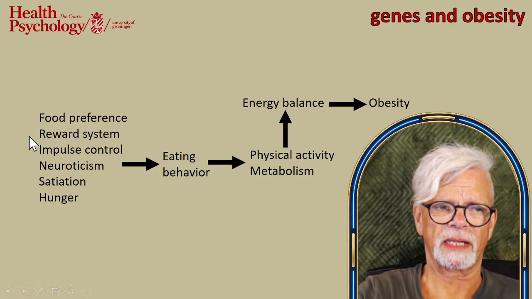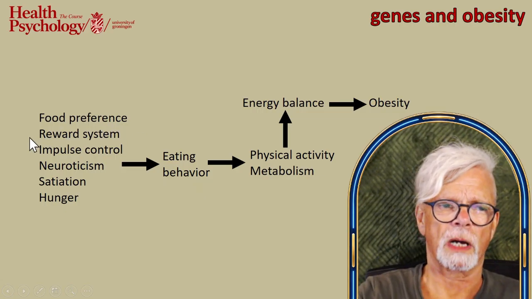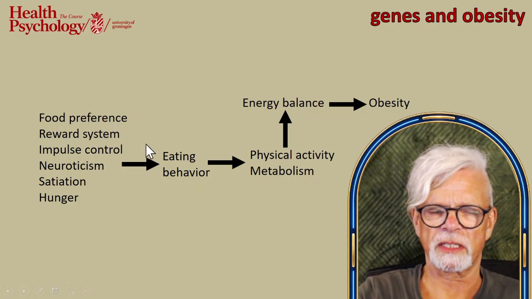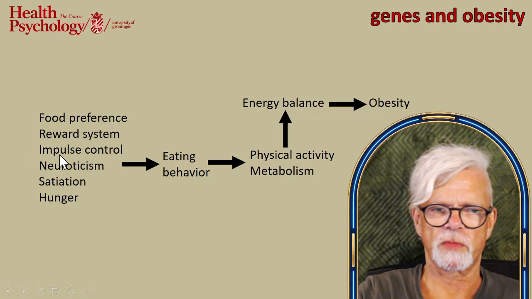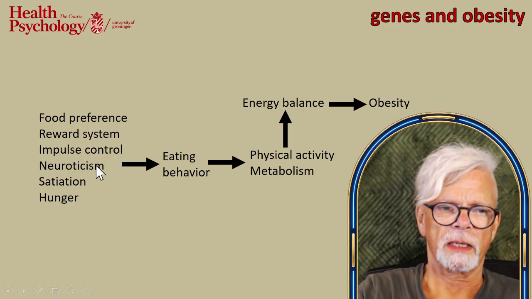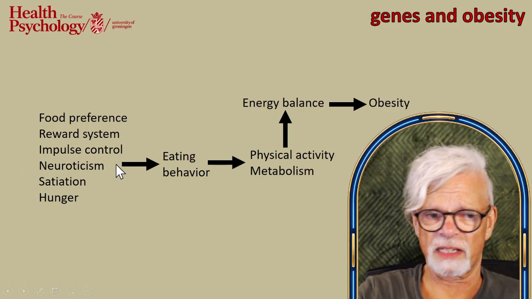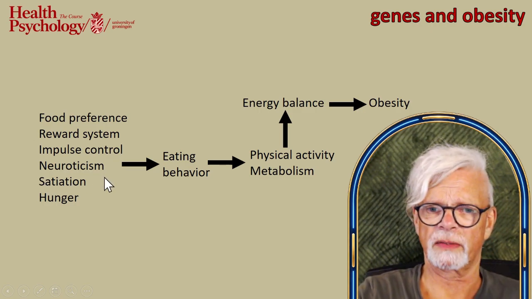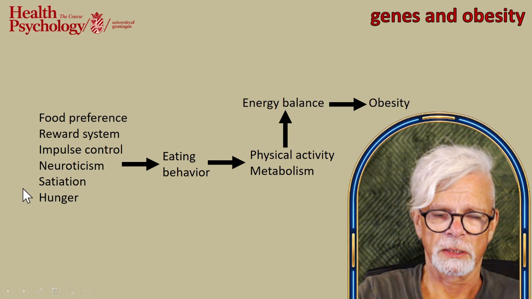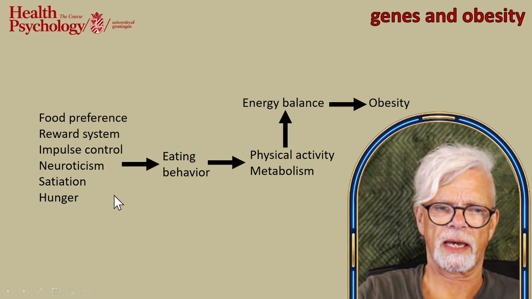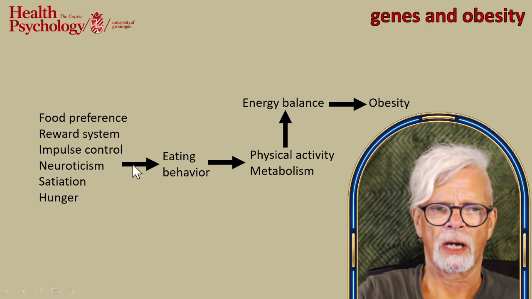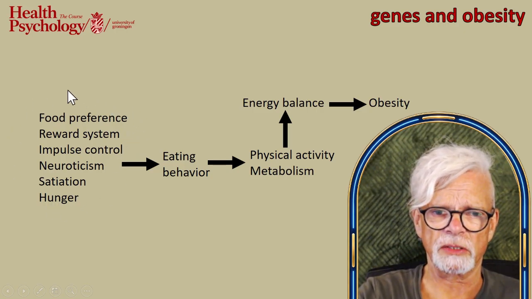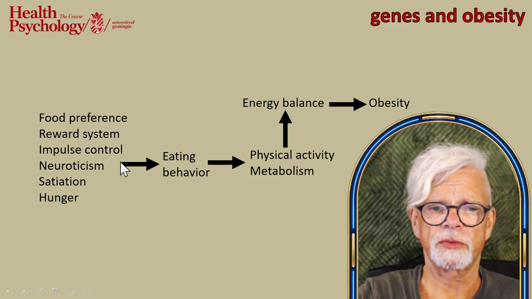People differ genetically in their reward system, how it works, how sensitive it is. People clearly differ in the genetics of impulse control, in neuroticism, so the negative emotions they have, in the satiation feeling when they have been eating, in the hunger feelings they have. So those things are all related to genes, to sets of genes. And those can lead to more eating.